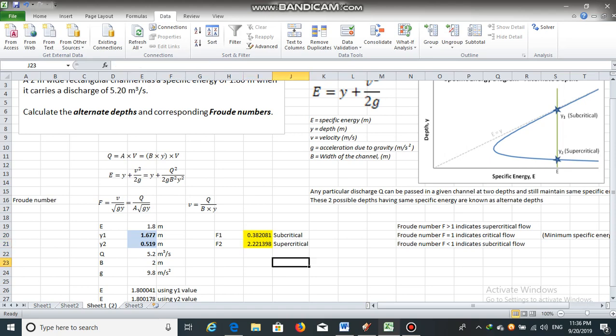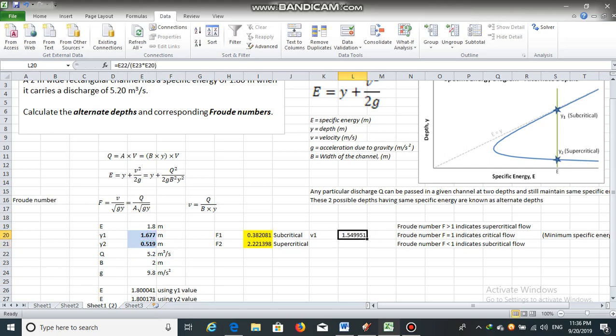Now, when the channel carries discharge at 1.677 meters of depth, what will be the velocity? We can calculate V1 is equal to discharge by A, which is equal to B into Y1.